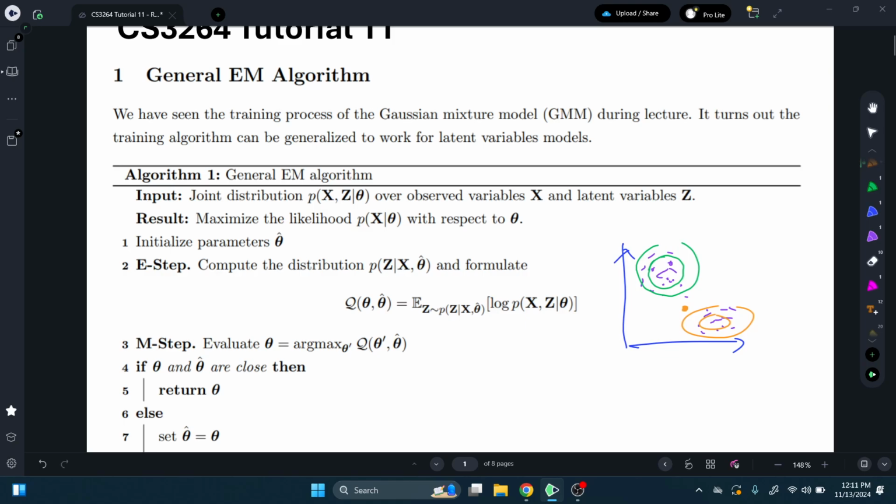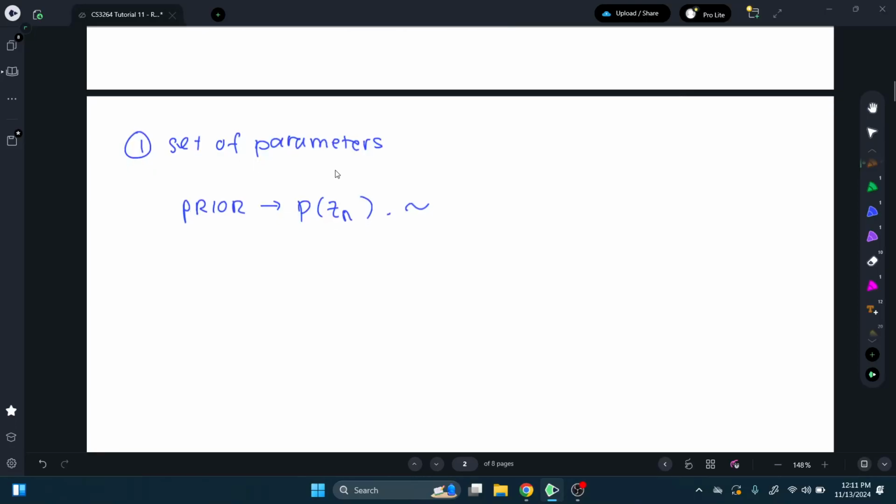Okay, so that is essentially our Z value. Then you will notice that for each point, your Z will only range from 1 up to the maximum of K, because we only have K mixture models. So from this point, you should notice that this prior will end up following what we call the categorical distribution.